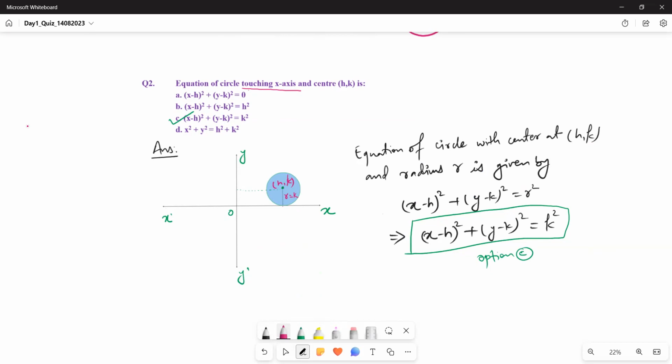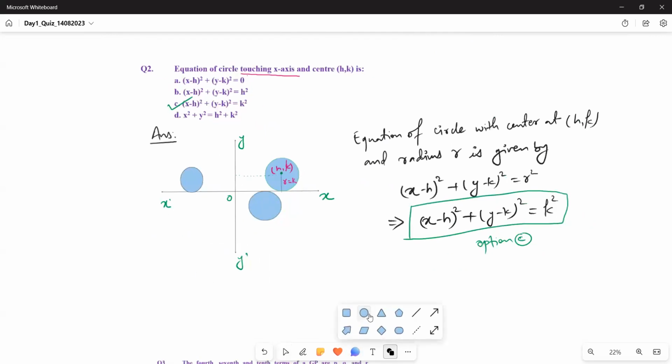Touching the x-axis means something similar to this, or it could have been something like this, or this, or this. So any of the four cases would have been right.